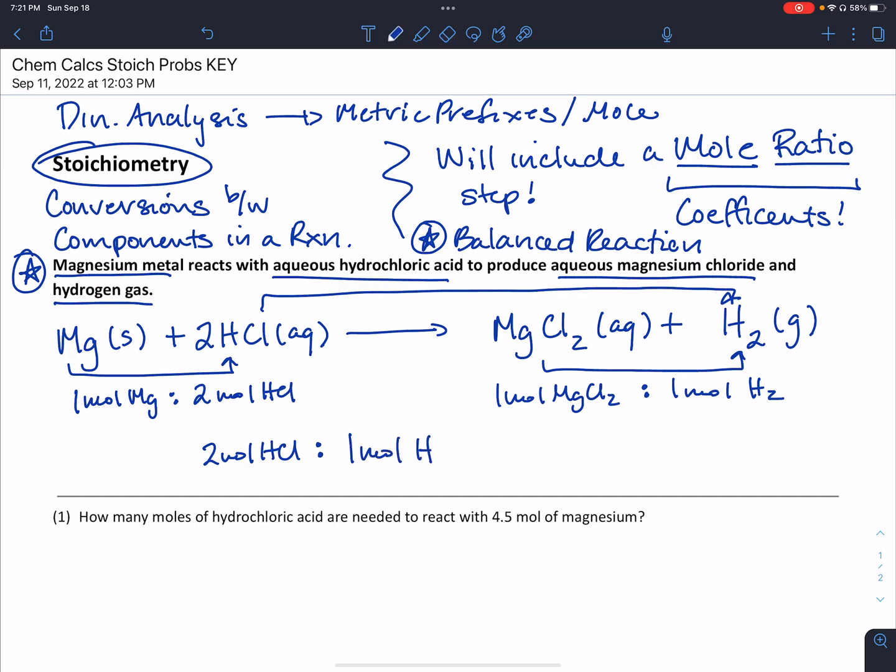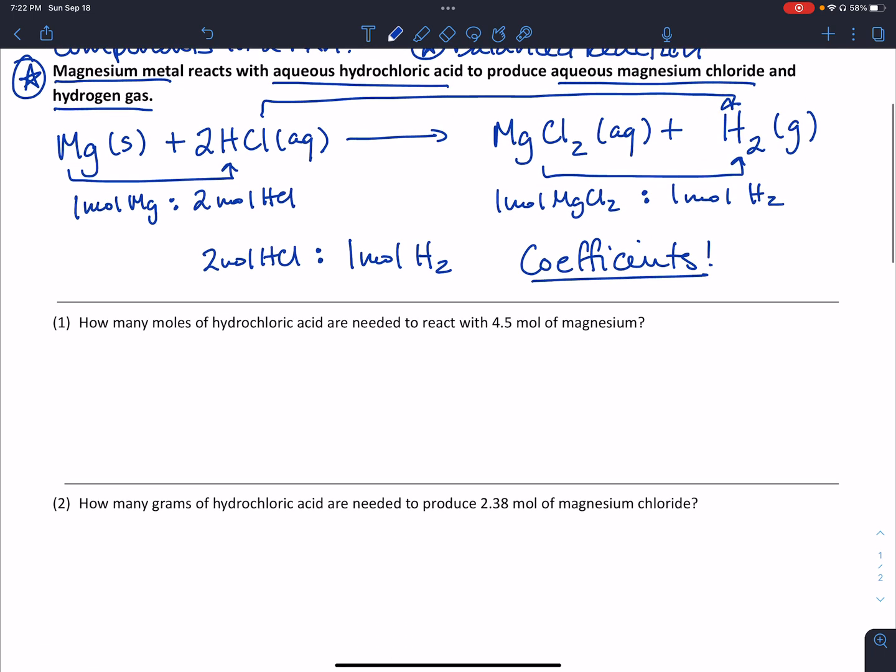So you can see we can make a whole set of these mole ratios, but all of them depend on the coefficients. So please do not forget to balance that chemical reaction.